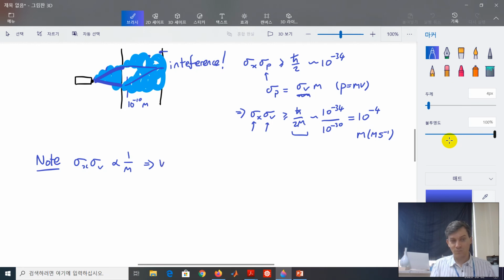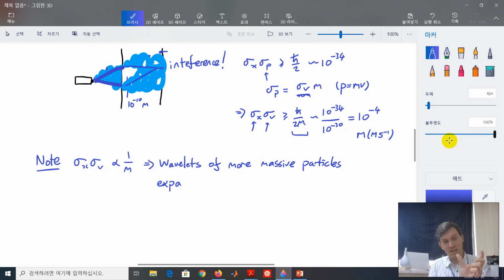So what this means is that wavelets of more massive particles expand. Okay, remember the expansion of the wavelet is related to the uncertainty in the velocity, and therefore they expand more slowly.